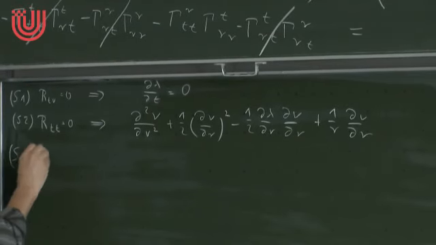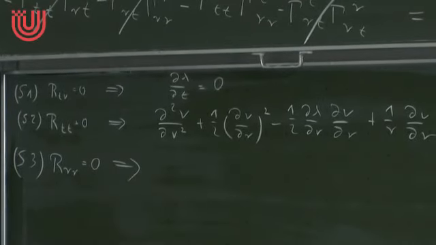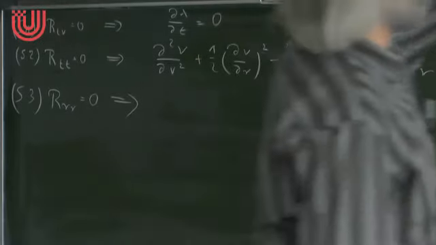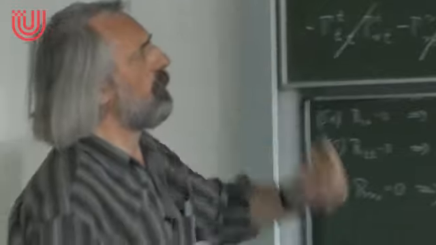The third equation is R_rr equals 0, at this line. And again, we have a lot of terms which involve time derivatives of λ, so they are 0. So we have only the first 4 terms. And I think I multiply with minus 2.